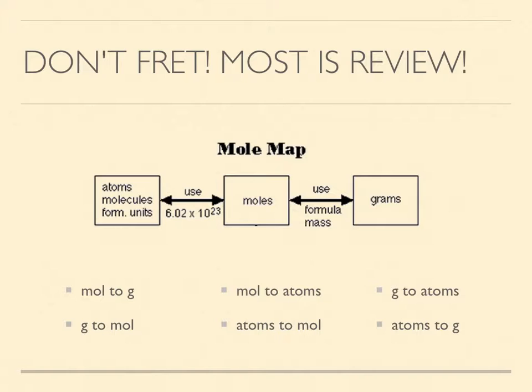And I don't want you to fret. All of the conversions that we have done so far are still going to be applying. As long as we're talking about one substance, you'll do everything the same way that you've done before. The only thing that's going to change is that it might take you an extra step to get to just one roadmap.